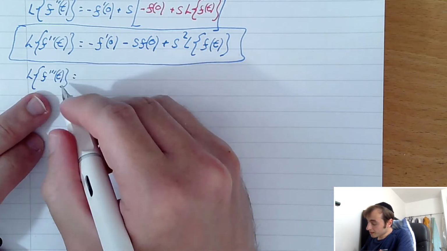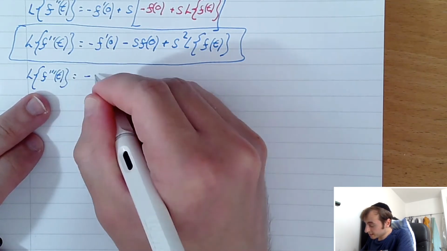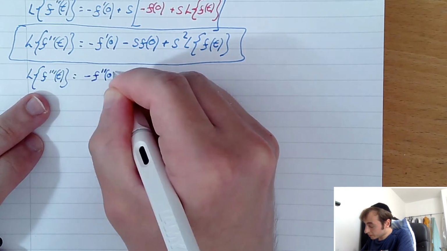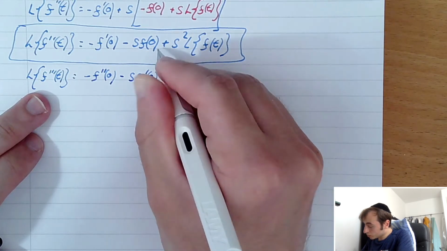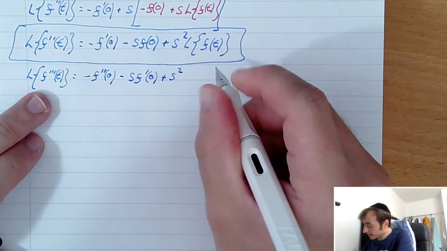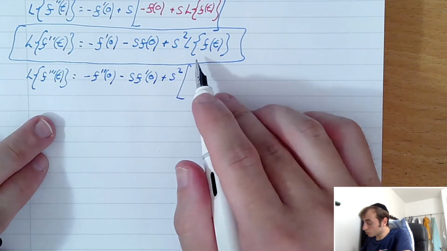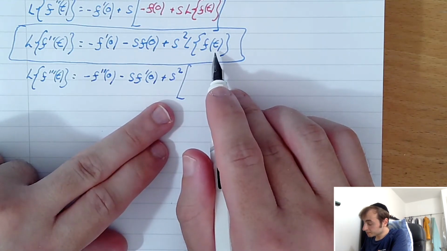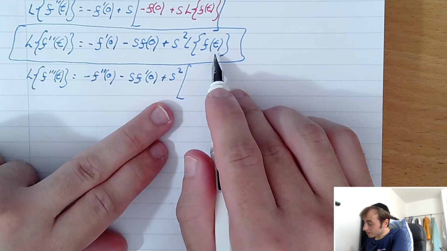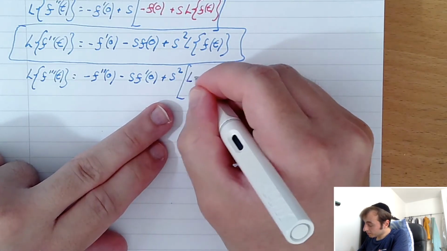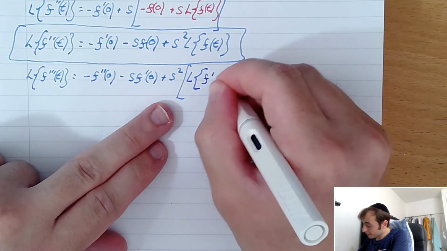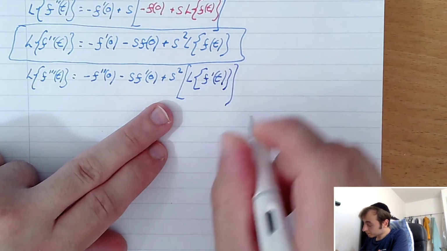So f triple prime t equals minus f double prime naught minus s f prime naught plus s squared times the Laplace transform of, no, it's not going to be the Laplace transform of f of t. It's going to be the Laplace transform of f prime t, isn't it? Yep.